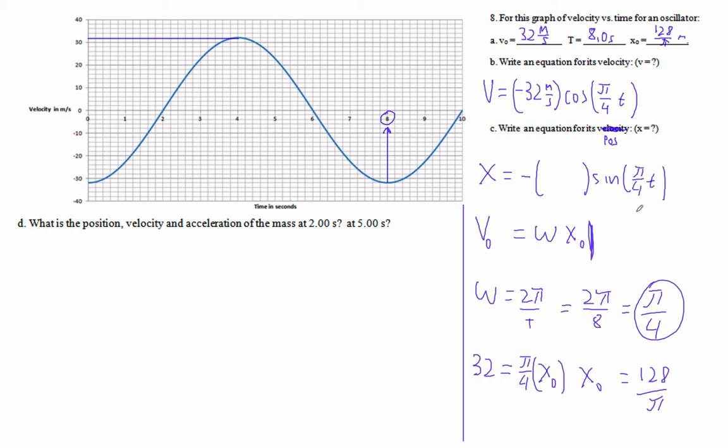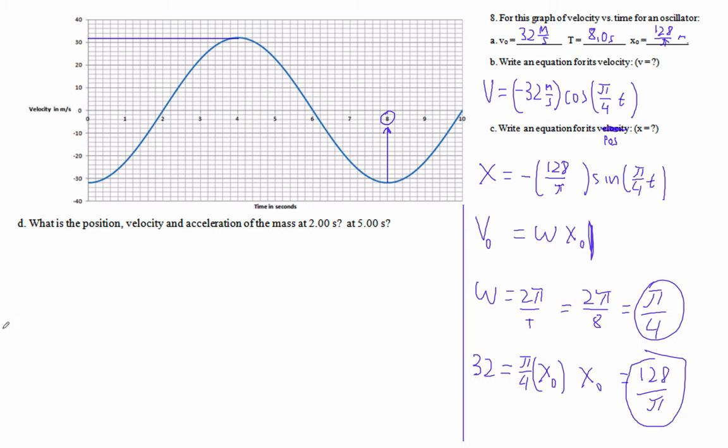All right, so let's take a look. The amplitude goes in there, and it is 128 over pi.